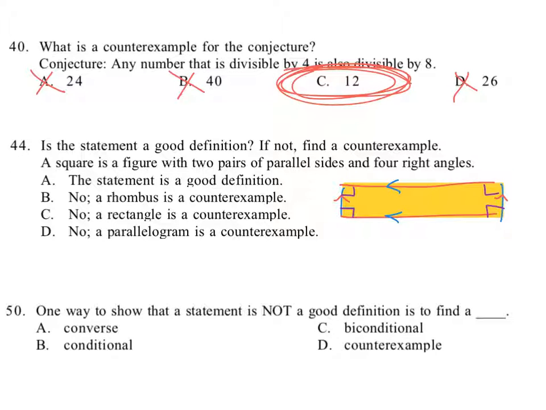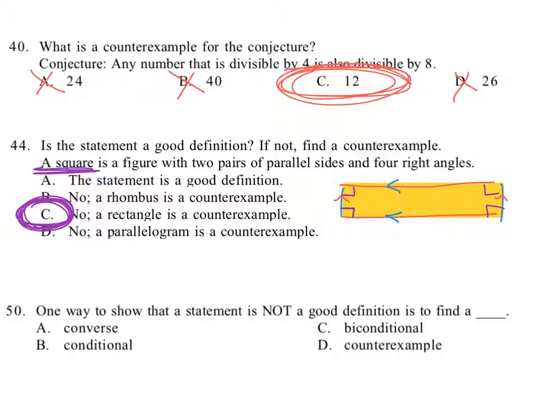That fits the definition, but is it a square? No, it's not. It's not a square. So we can find something that actually fits that definition, but is not a square. So that is not a good definition, and we found a counterexample. What is that thing in yellow that we're seeing there? It's a rectangle. So no, it's not a good definition. A rectangle is a counterexample, as you can see.